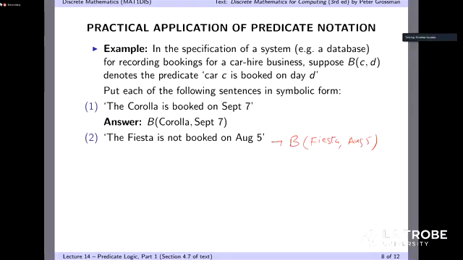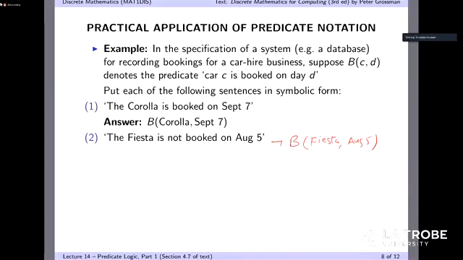Isn't that not Fiesta as well? Simply not Fiesta. Yes, that is also true. When you put Fiesta, you're fixing the car there, right?